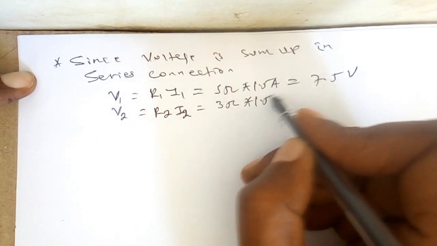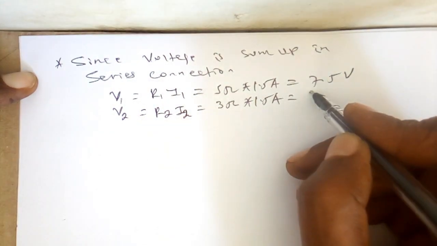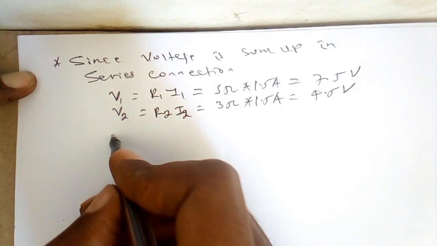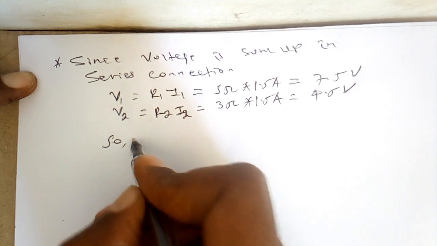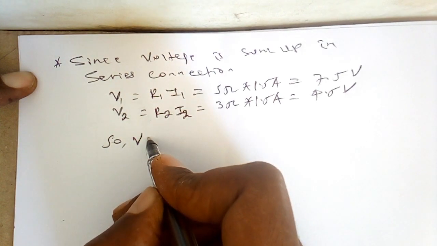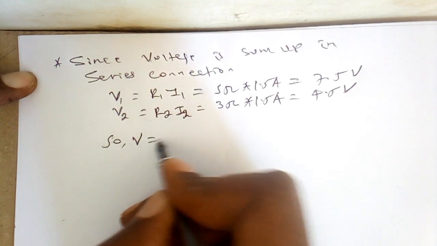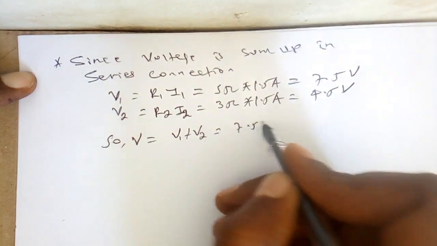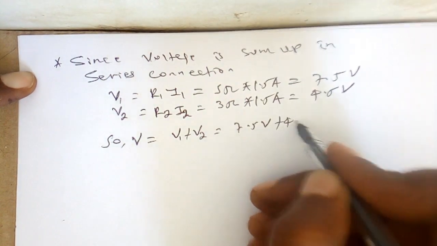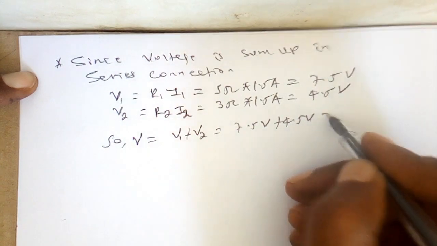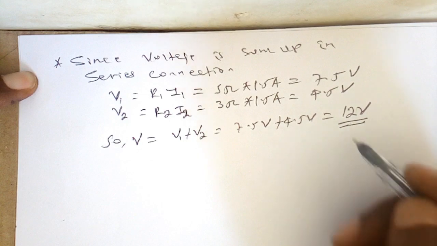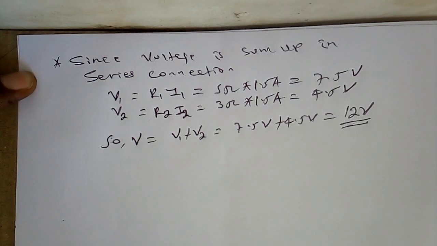R2 is 3 ohm and I2 is 1.5 ampere, so V2 is 4.5 volts. So the total voltage V is equal to V1 plus V2, 7.5 volt plus 4.5 volt gives us 12 volts.